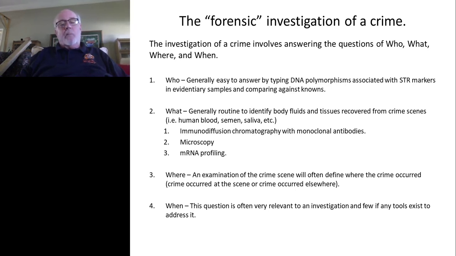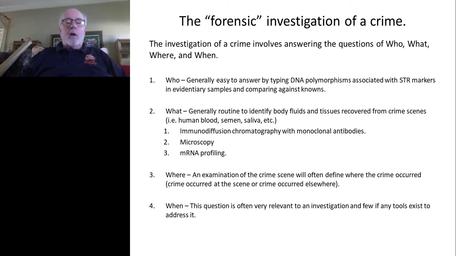We now have technologies that are much like the home pregnancy test technology, immunodiffusion chromatography, with the use of monoclonal antibodies that allow you to identify semen, blood, saliva, even urine, sweat, all based upon protein components that are present in those body fluids that will react with highly specific antibodies.